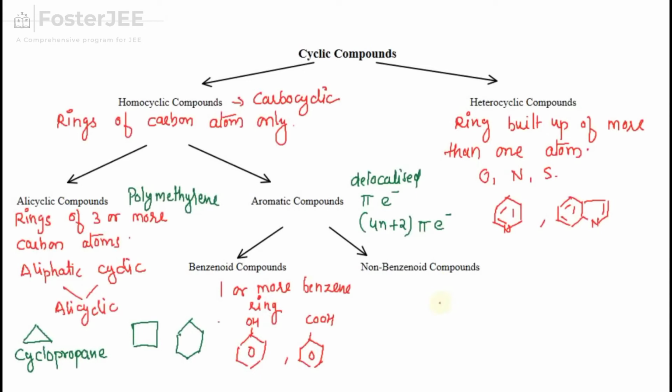For example, tropolone. Here, in tropolone, we can see that a benzene ring is not present in the compound, but it follows the 4n plus 2 pi electron rule. That is why it is aromatic in nature.